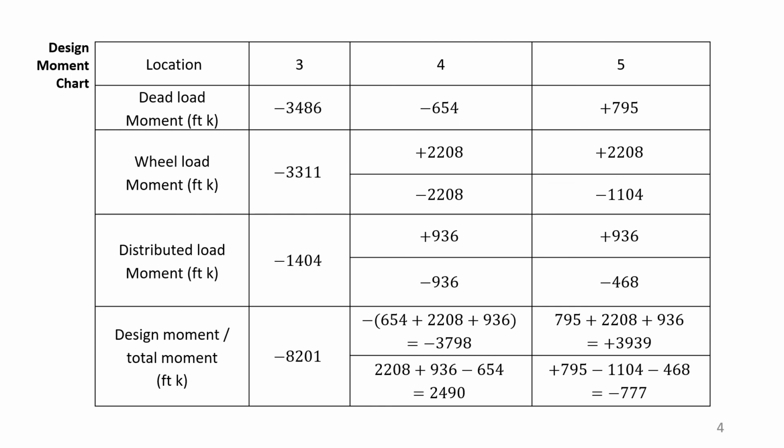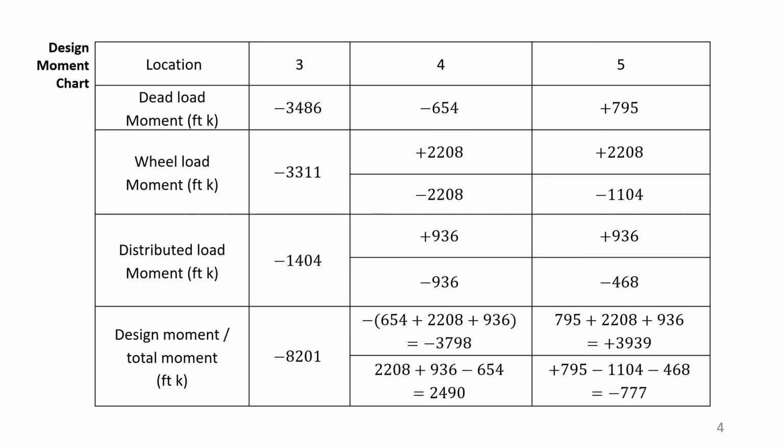But when we calculate the negative moment, this dead load positive moment will always be there. That's why while these negative moments will be coming, minus 1104 and minus 468, the total negative moment will be reduced by this positive moment of 795. That's why in the last row, column 5, we have put this 795 as the dead load moment, which is always present as a positive.